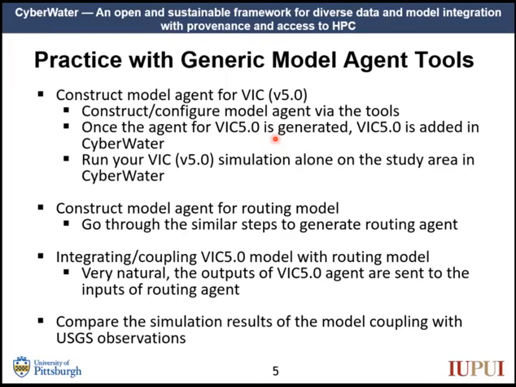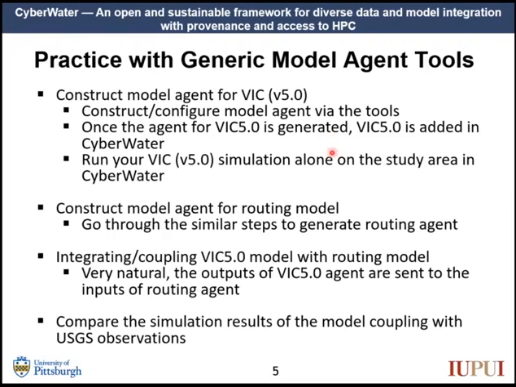We have the version 4 pre-written model agent, but today we are using Wake model version 5. Since the two versions are different, we are going to generate a new model agent. So you are going to go through those steps, how to use the model agent tools to generate the model agent for Wake 5, step by step.